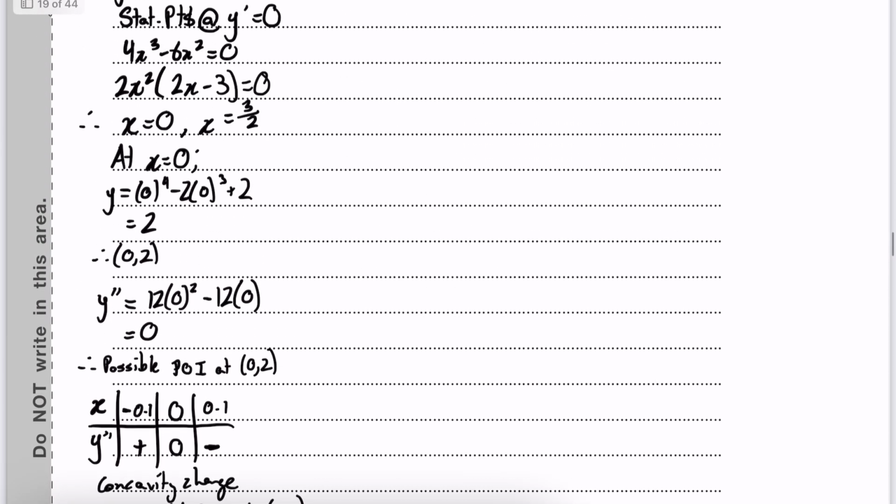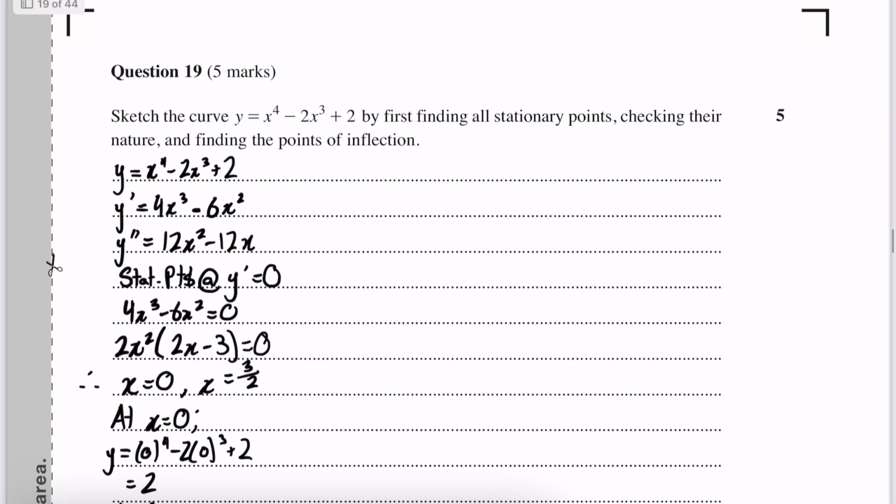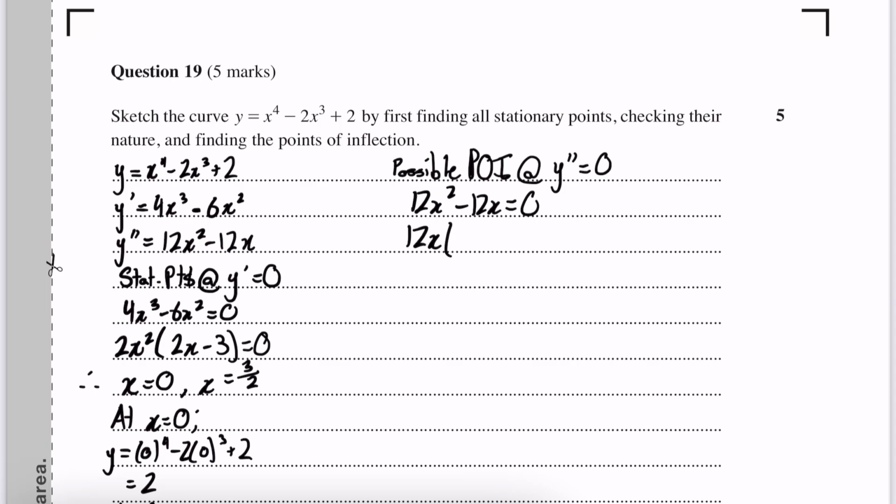Now we need to sort out if we have any points of inflection. And so possible points of inflection are at y double dash equal to 0. And so that's when 12x squared minus 12x is equal to 0. So that's when, if I just take out a 12x, I get this.